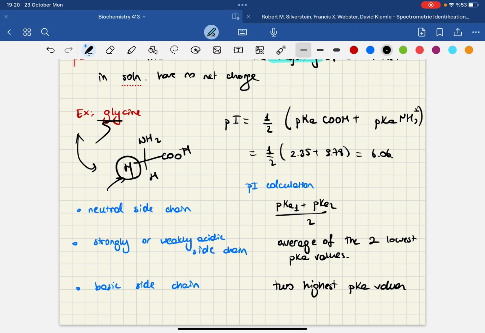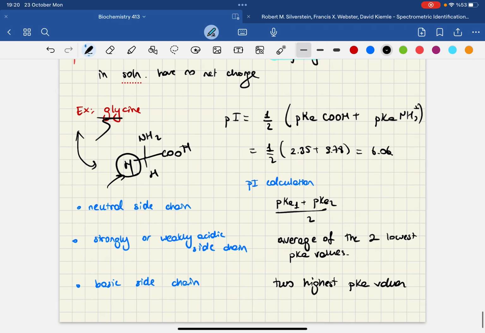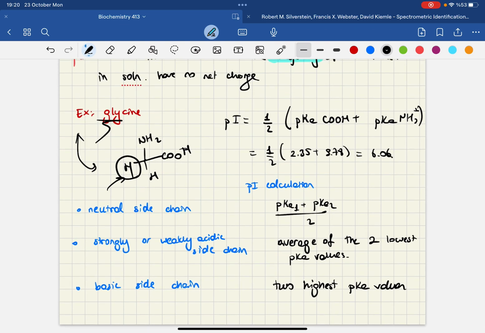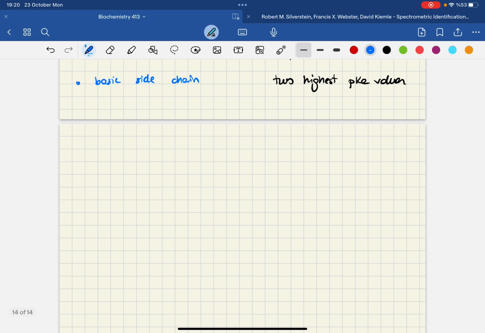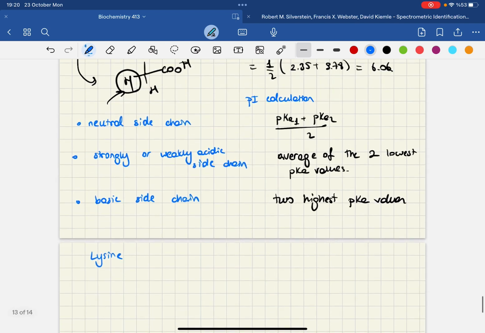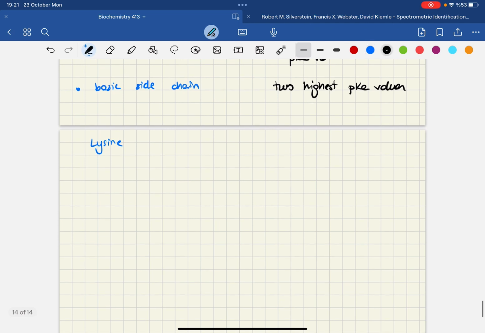Now, for example, we will analyze lysine. What was lysine? Let me find its structure real quick. Lysine was basic, and yes, I found lysine. Now I will illustrate why this table is right.